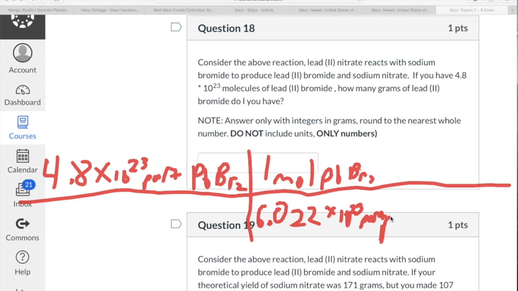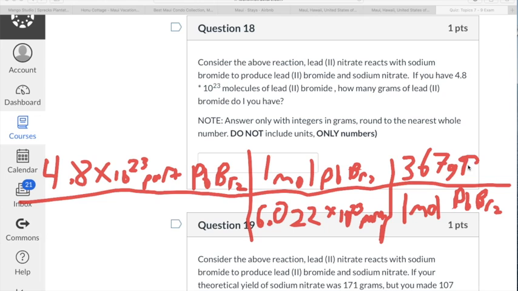And if I have 1 mole of lead bromide, I know that I would have, let's see, we wrote this down earlier, lead bromide is 367 grams of lead bromide.